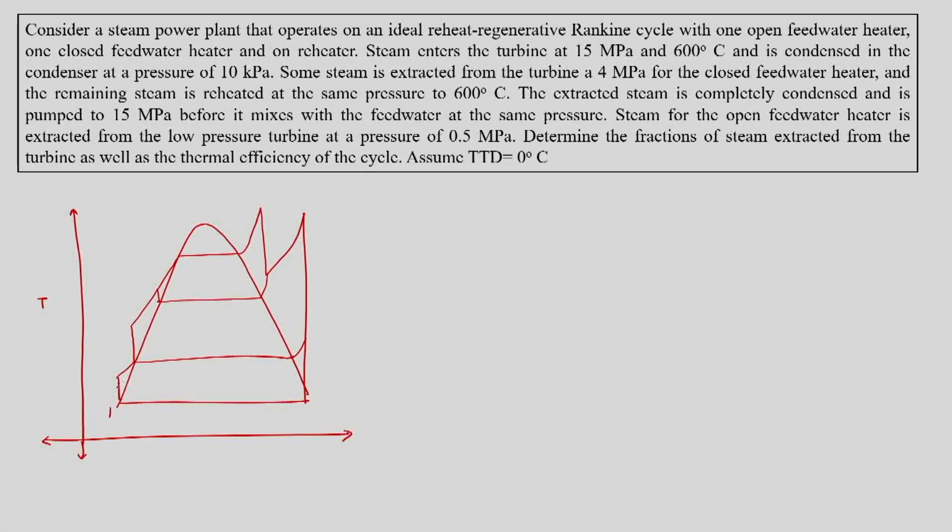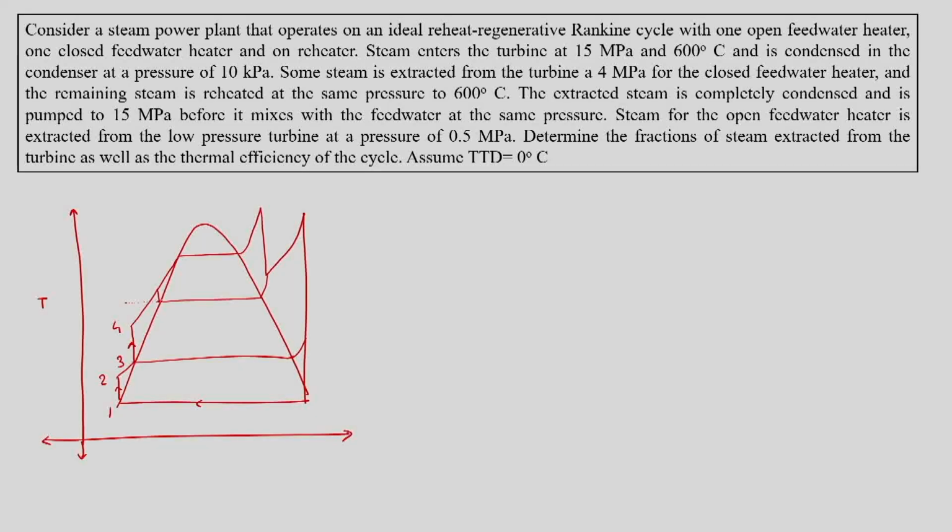So, this is the first pump, this is the condenser, 1 to 2, 2 to 3, and after the closed feed water heater we will have 3 to 4, and then TTD is 0 degree Celsius.